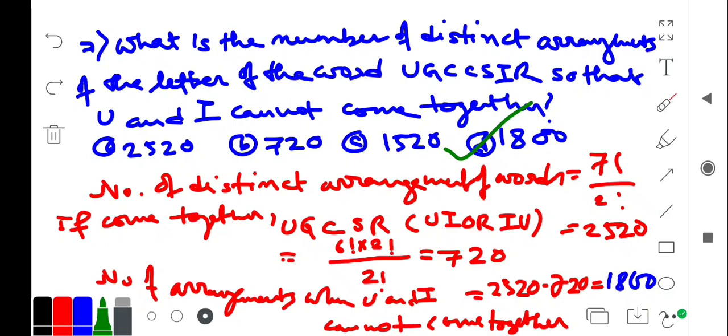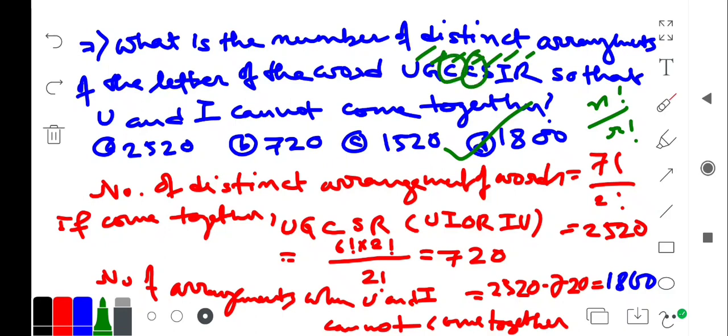If we cannot use that condition, সো ওভারঅল অ্যারেঞ্জমেন্ট কী হবে 7 ফ্যাক্টোরিয়াল বাই 2 ফ্যাক্টোরিয়াল, বিকজ আমরা বললাম না n ফ্যাক্টোরিয়াল বাই r ফ্যাক্টোরিয়াল ছিল না। যদি কোনো একটা টার্ম বারবার রিকারিং হয়, দ্যাট ইজ টোটাল নাম্বার, total letters, that is 1 2 3 4 5 6 7 total letters, and by r factorial, r is the recurring, and here C is the recurring one because it comes twice.